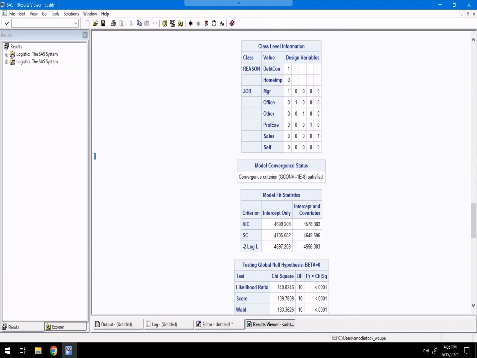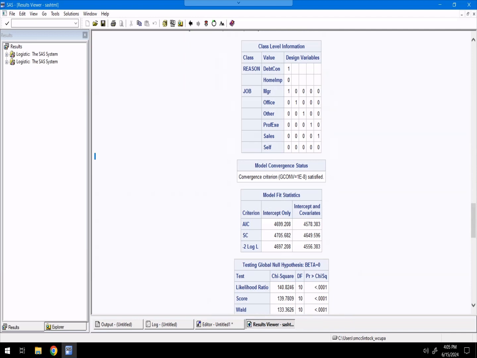That class level information is basically telling us, because when we use that class statement, it saves us from having to build those dummy variables ourselves, which is something that we did do in the earlier stages of Stat 512.